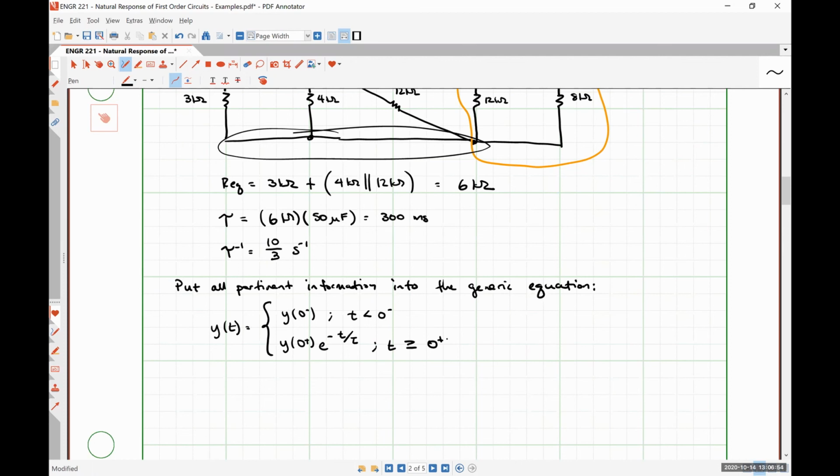This is our generic expression, and the previous steps were literally just figuring out the numbers that we're going to put into this expression.